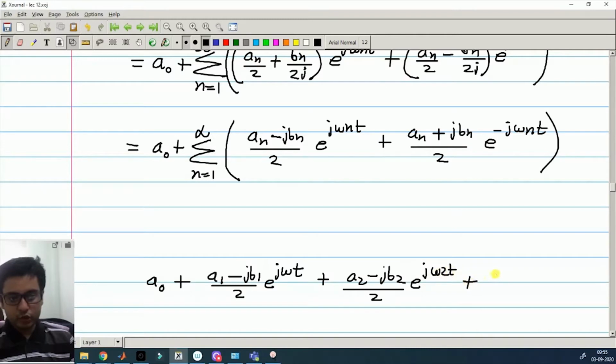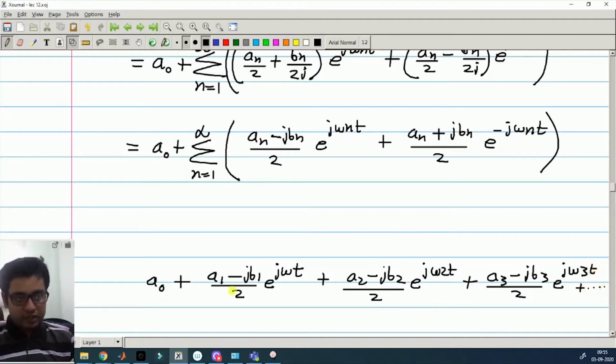For n equal to 3, (a3 minus j b3) by 2 e to the power j omega 3 t, and so on. These terms are coming from this first term here.